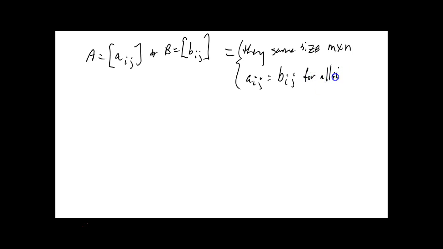And the I is going from 1 to M, and J is going from 1 to N. Okay? For all I's between 1 and M and J's between 1 and N, every one of those entries has to be the same.